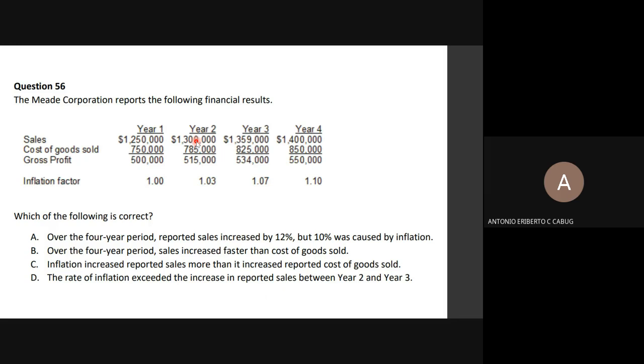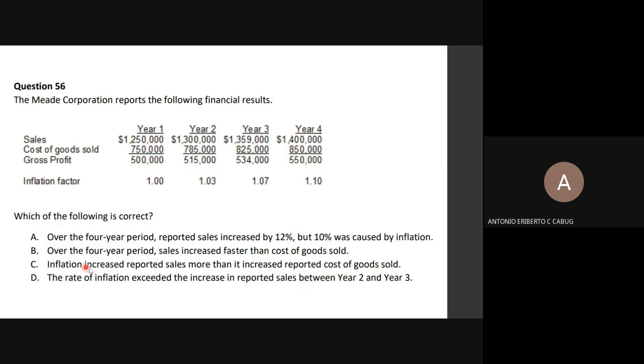59/13, that is above 107 divided by 1.03. No? Letter C, inflation increased reported sales. No. It did not increase the sales more than the COGS. Okay?